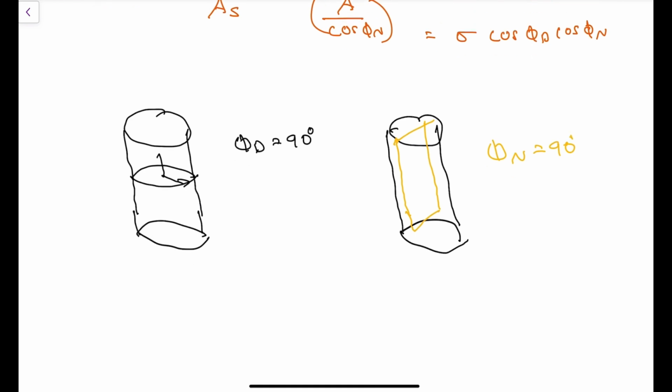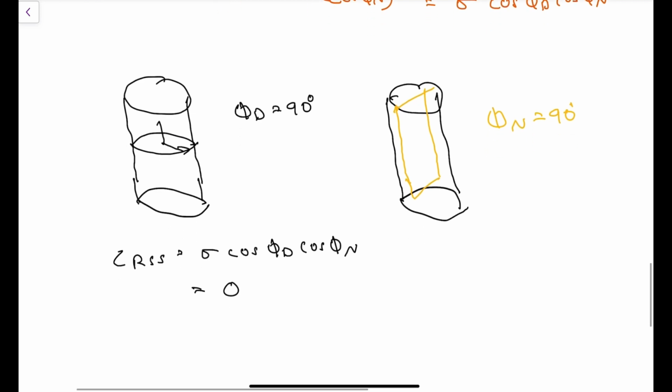In both cases, if you look at the formula tau RSS equals sigma cos phi d cos phi n, if either of them is 90 degrees, this will be 0. So the resolved shear stress in both cases is 0 if the plane is perpendicular or parallel to the main area.